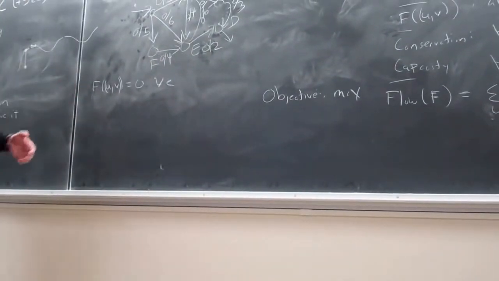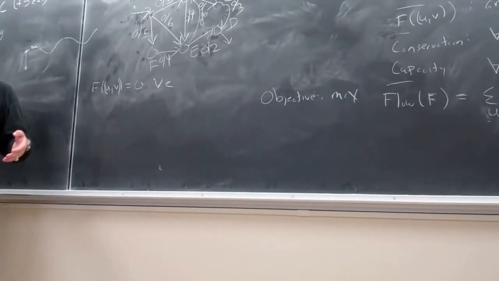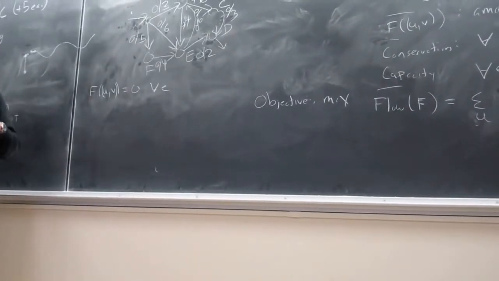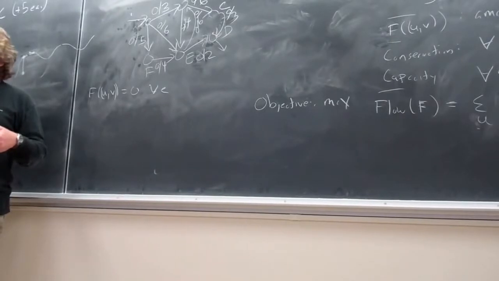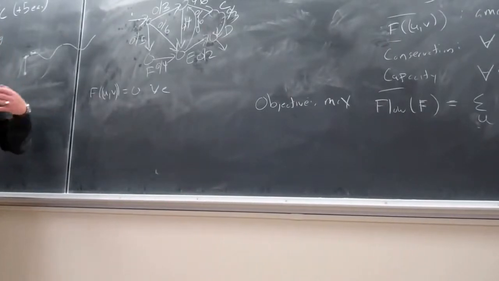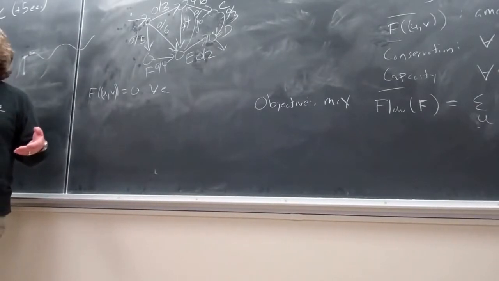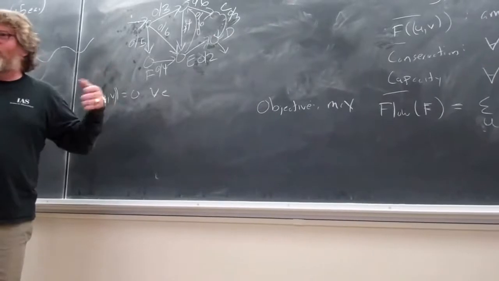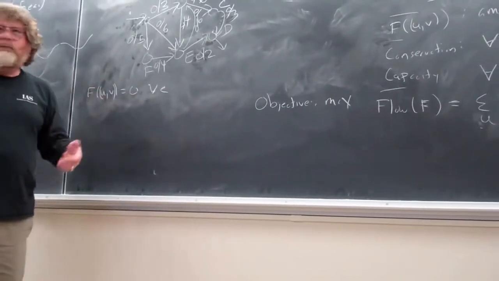So now let's say, okay, that's the trivial one. Now let's try to make it a little better. We said that, in the end, the flow is going to consist of a collection of paths from S to T. Well, to get some flow going, let's find a path from S to T. And that's where we can use breadth first search, depth first search, whatever kind of graph search we want.